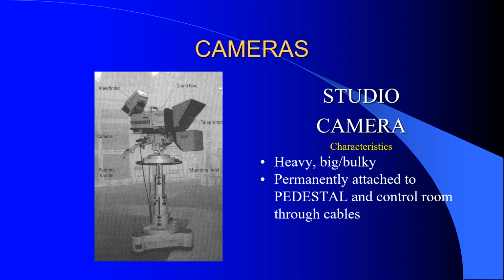They can use these cameras in different kinds of environments, but usually in TV stations, they keep them in their control rooms. They're on pedestals and connected to the control rooms, so they're kept in this environment.